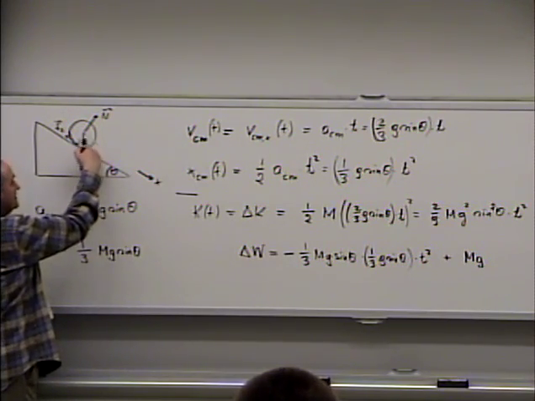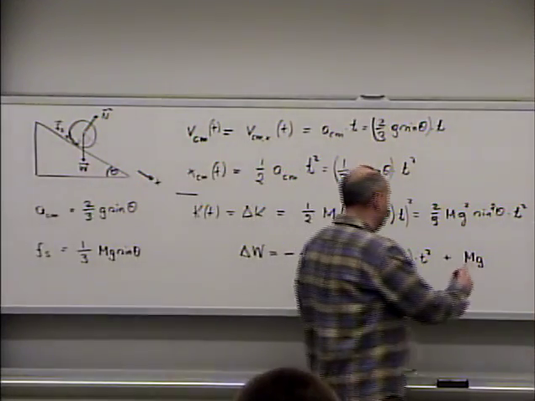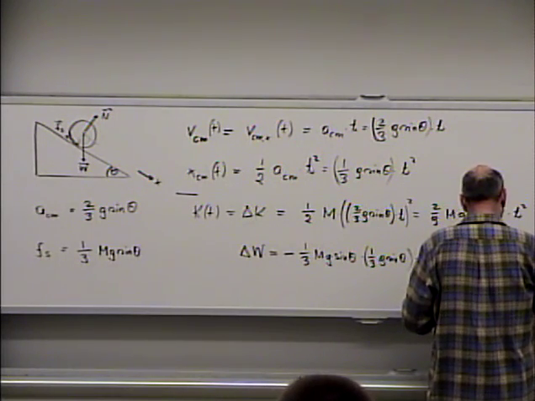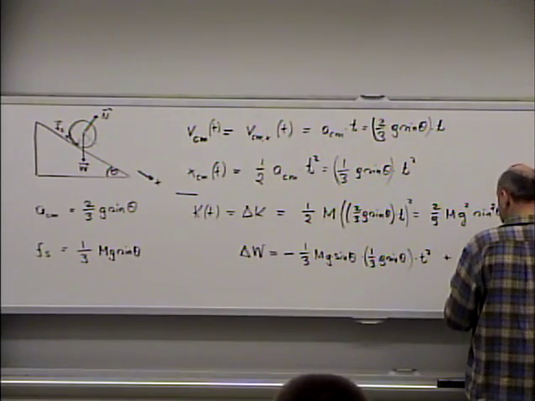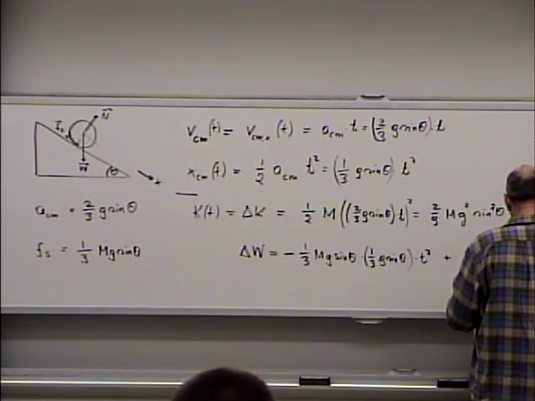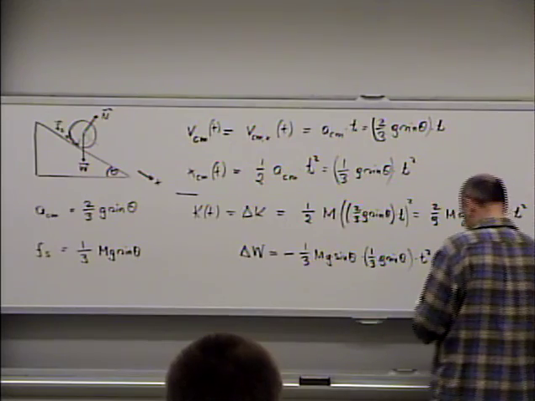So the cosine of this angle happens to be equal to the sine of that angle. So I can write down the sine of that angle and the displacement times t squared.